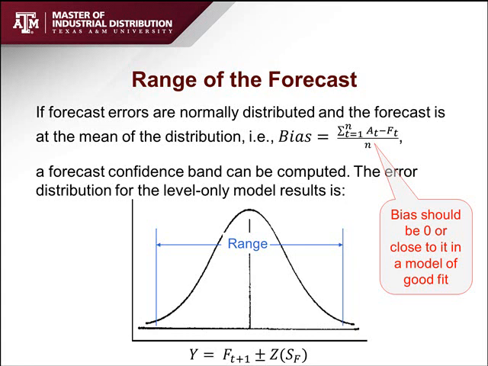Sometimes you are overestimating, sometimes you are underestimating, but you are not basically biased either way. If this is a positive number, let's say 50, that means on average you are overestimating by 50, right? If it is minus 50, that means on average you are underestimating by 50.